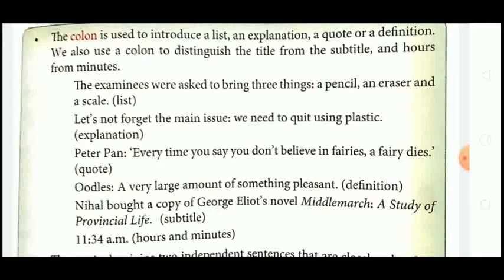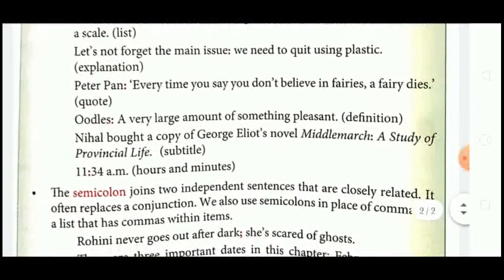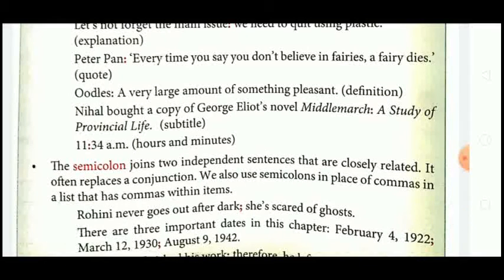To show that subtitle, we have used colon marks. Now, 11:34 a.m. Here 11 is the hour and 34 is the minute. To separate that, we have used the colon. So this was the use of colon.